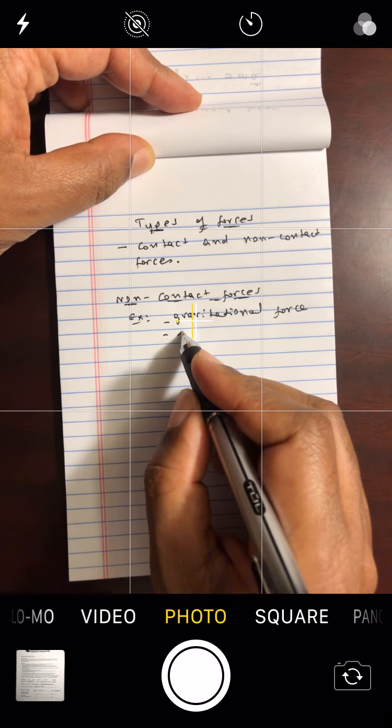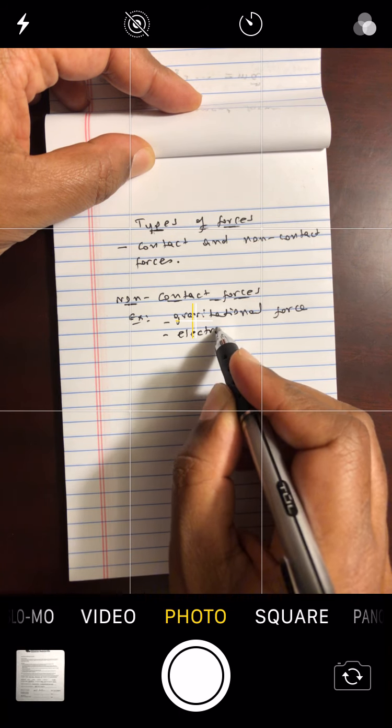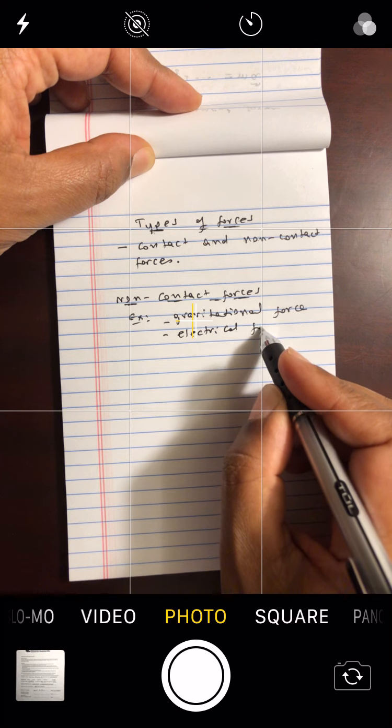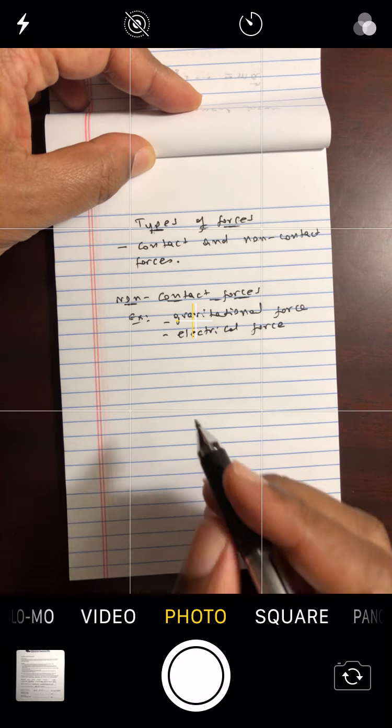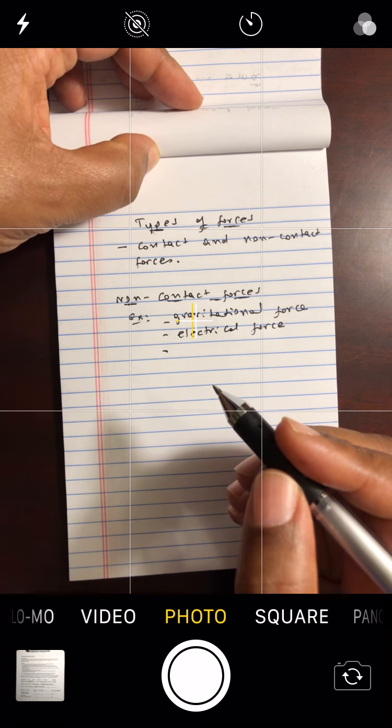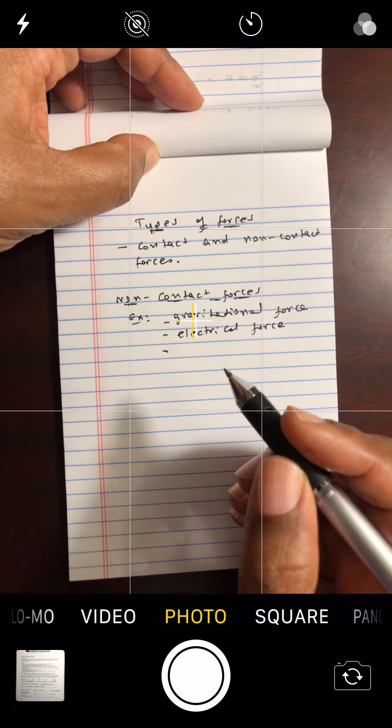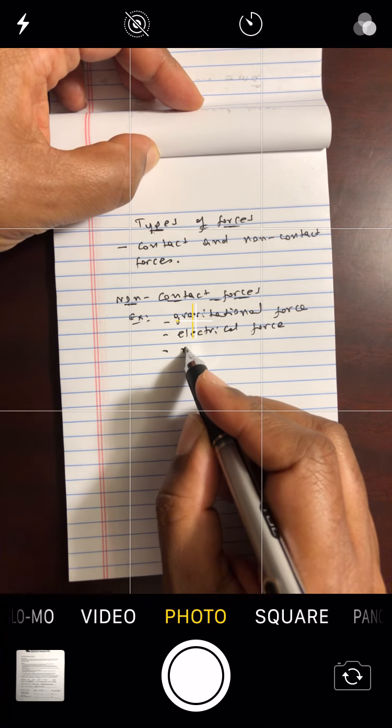Another example is electrical force. Electrical force also can exert force without touching an object. If you comb your hair, the comb will develop the property of attracting a piece of paper without touching the piece of paper. Another natural force that can exert force without touching an object is magnetic force.